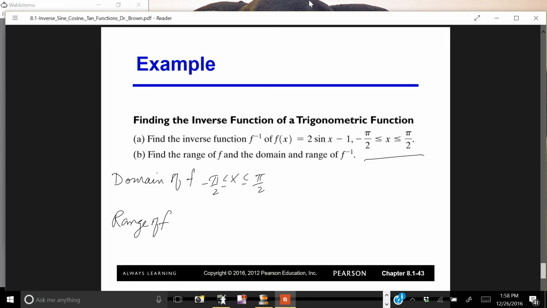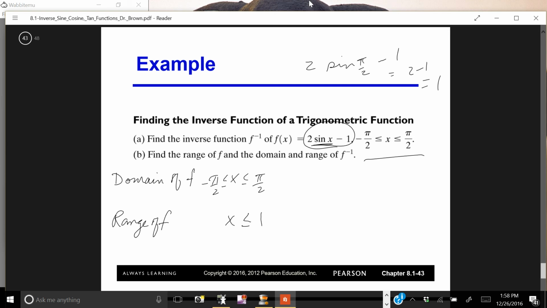if sine of x maximum value is 1, then f can have a maximum value of 1, because that's 2 sine of pi over 2 minus 1. That would be the maximum value, equal 2 minus 1 equal 1.